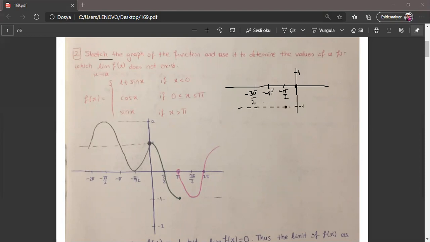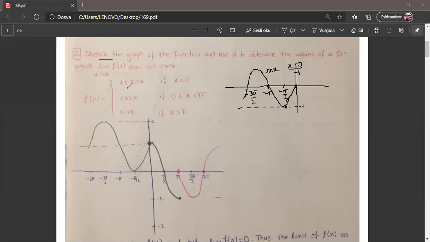And for minus pi, it is 0 again. So its graph is like this. This is the graph of sinus x when x is less than 0.